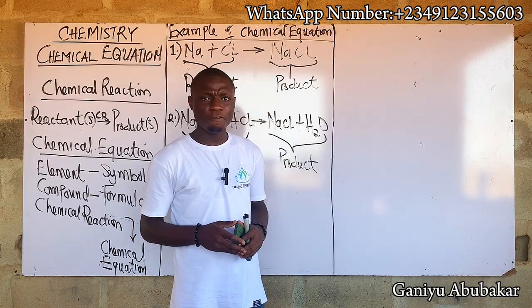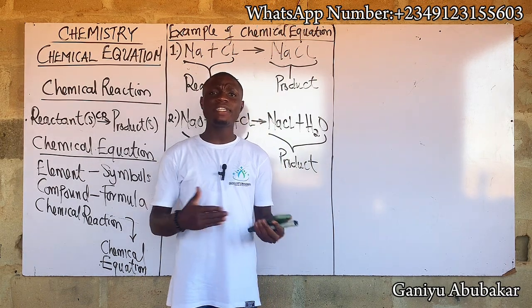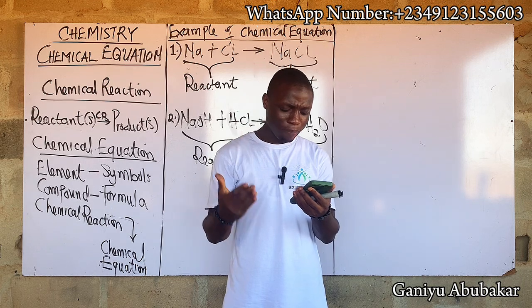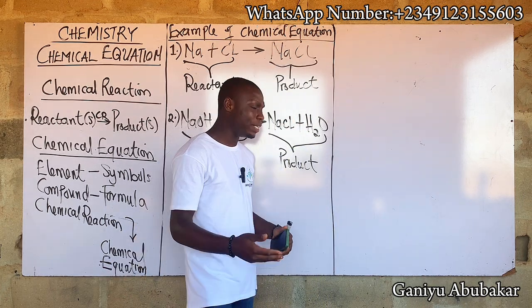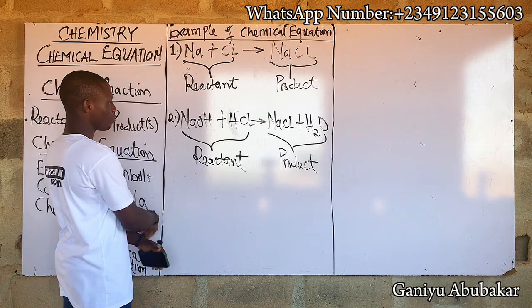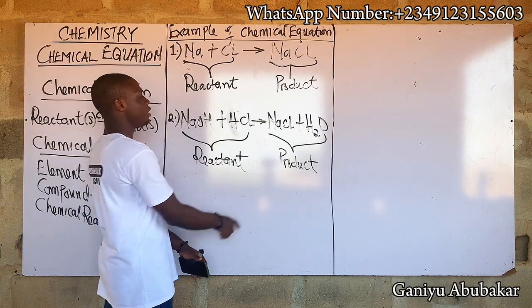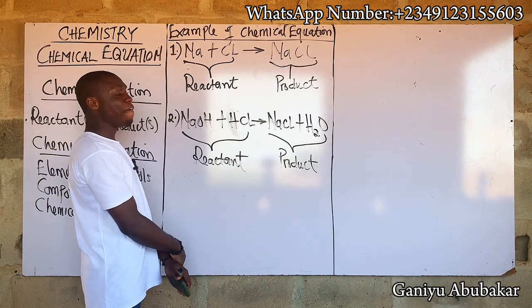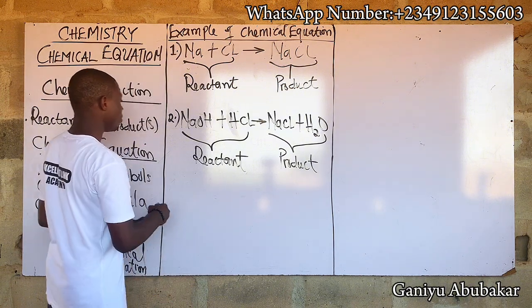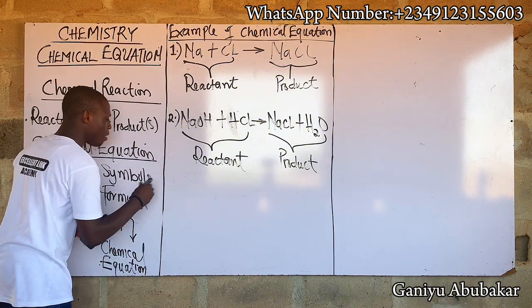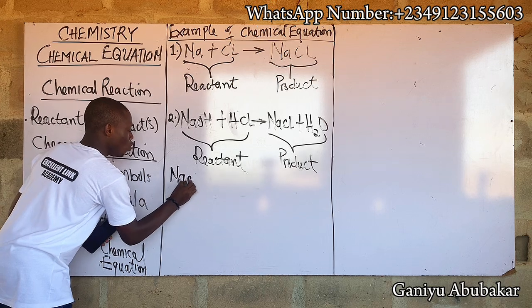So I'm saying that for chemical equation, you can represent their state of matter via subscript, right? What do I mean? Look at this compound now. These two reactants and the product, I can represent them by their state of matter using subscript. For this compound here, I have NaOH.